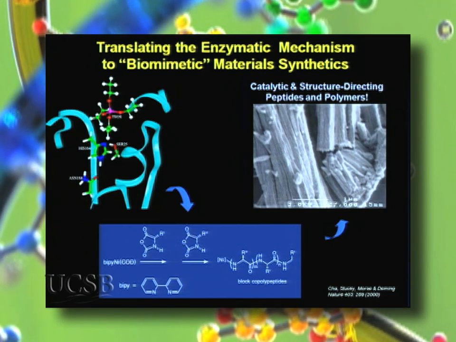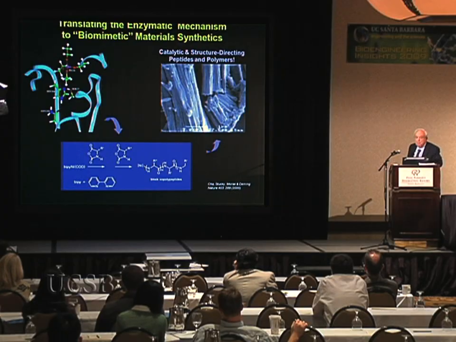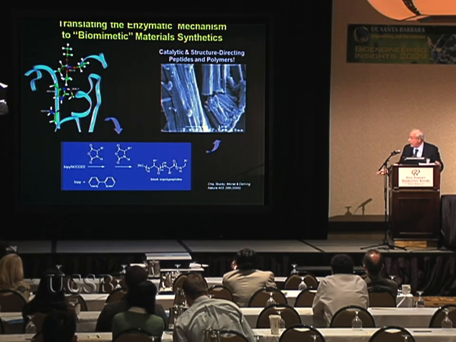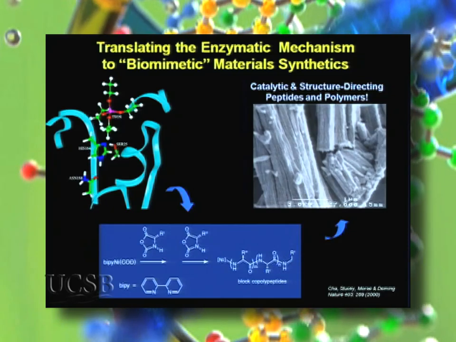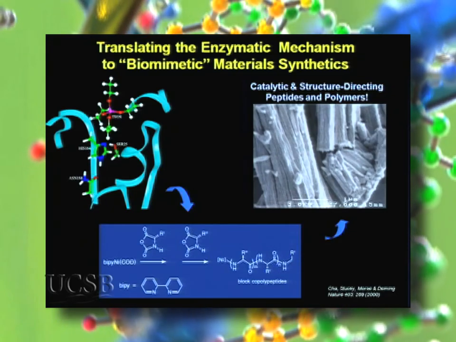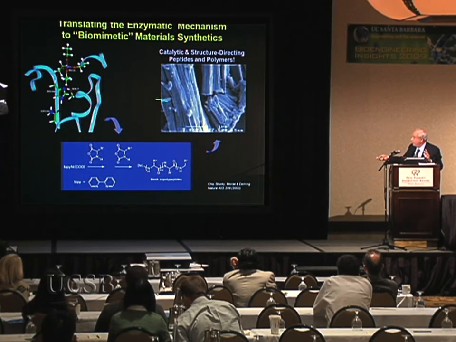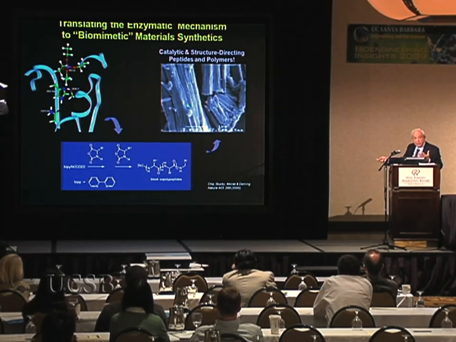And so working with Tim Deming, who at the time was at UCSB, we made biomimetic, inexpensive counterparts simply by making block copolypeptides of the amino acids that we identified by genetic engineering as required for the catalysis. And when we made these synthetic block copolypeptides, they self-assemble because they're amphiphilic, and sure enough, they catalyze the formation of silica from the molecular precursor at low temperature and neutral pH, and they also serve as templates.